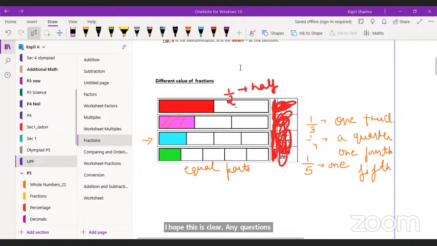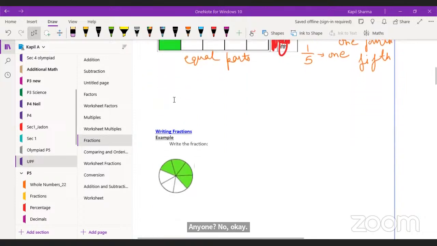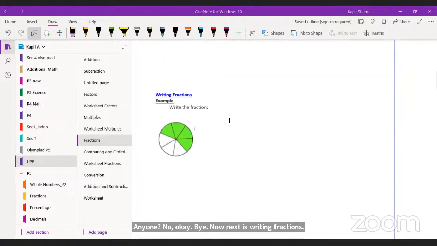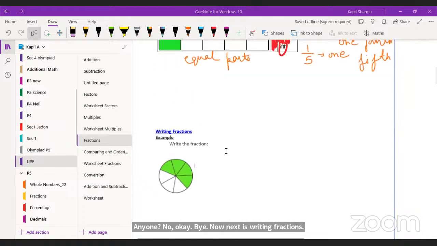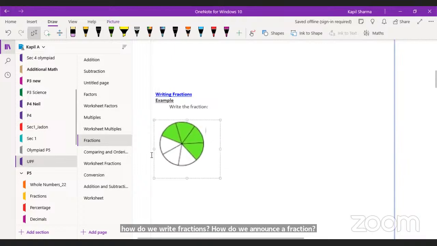So this is the basic definition of a fraction. Anyone? No. Okay. Fine. Now next is writing fractions. So how do we write fractions? How do we pronounce a fraction? So let's say you have this fraction. There is a circle. Can you write the fraction?